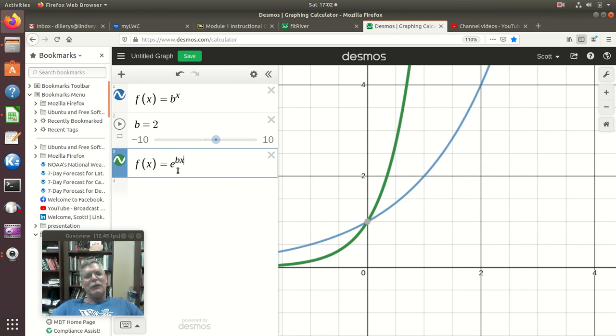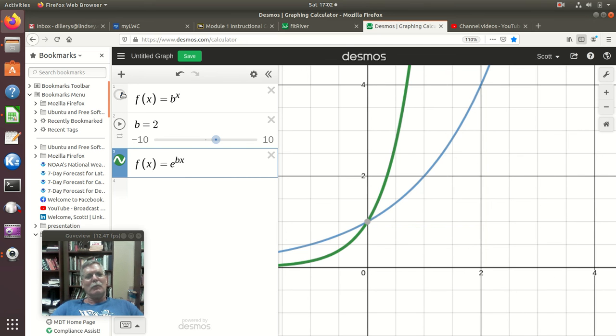And that b, so we're thinking of e to the x, and then we're using that multiple inside. We're kind of thinking of f of bx, right? We're putting that b there. Now, the reason for this is in calculus, life is just way easier when we're working with the base e instead of a general base b.